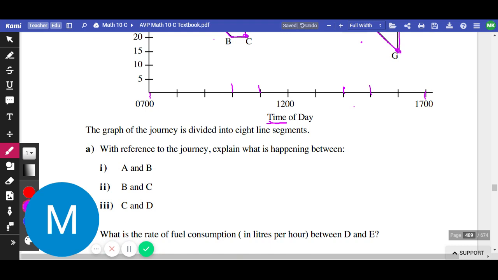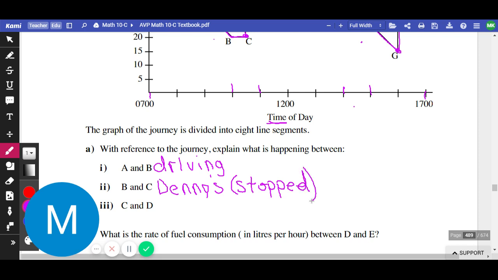From A to B, they're driving. From B to C, we said they're at Denny's. As long as you just say they stop, if they stop somewhere for an hour.